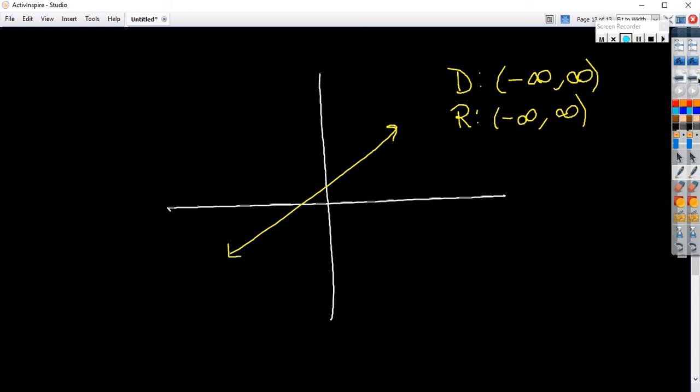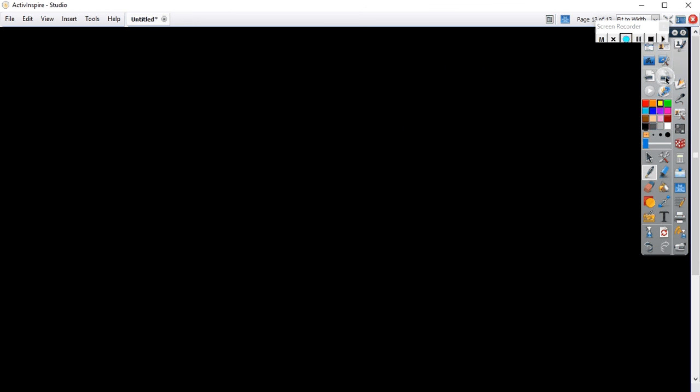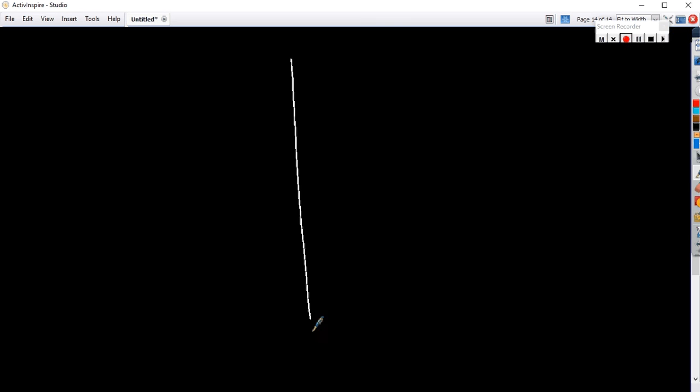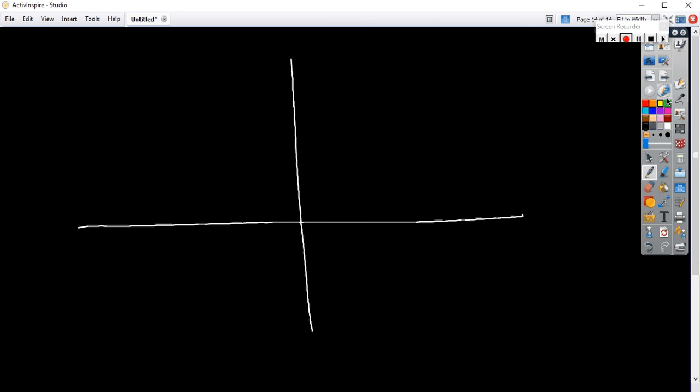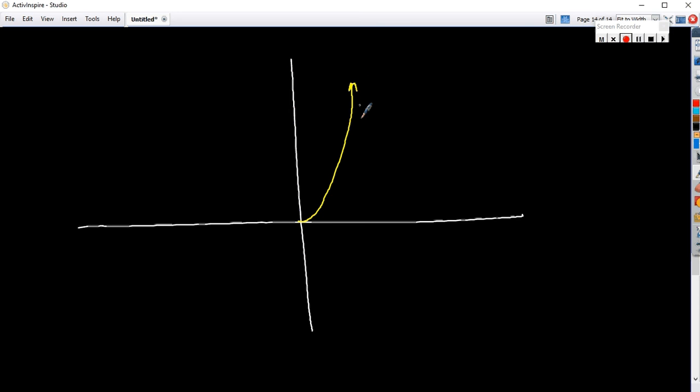So then, let me change it a little bit. Now I have a parabola. It's a little lopsided. It's not perfectly symmetrical. I do apologize, but you get the picture.